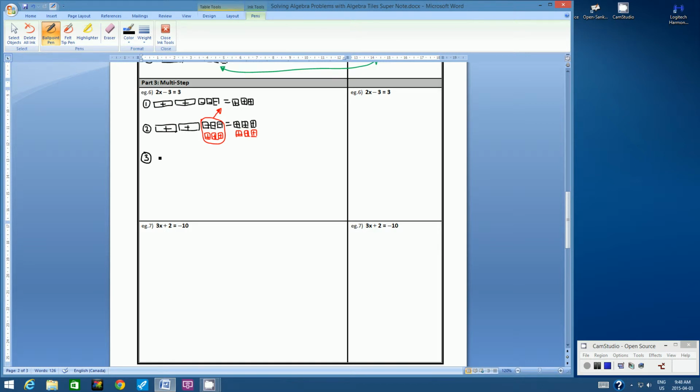We have 2 x's on this side, so we're going to divide it into 2 groups stacked on top of each other. Then we have 6 positive tiles that we have to separate into 2 groups. Good thing is I've already got them stacked here, so that was pretty lucky. I wasn't even thinking ahead for that.